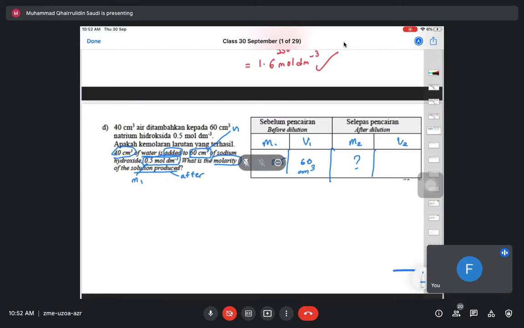How about our volume? They add 40 centimeter cube, so the total volume now is 100 centimeter cube. M1V1 equal to M2V2.